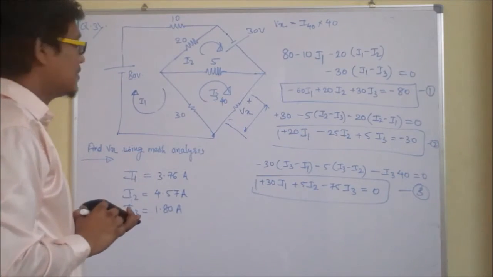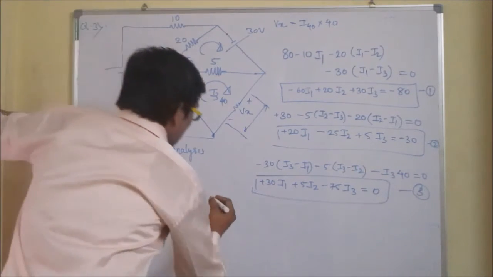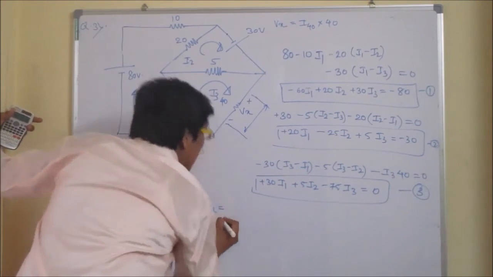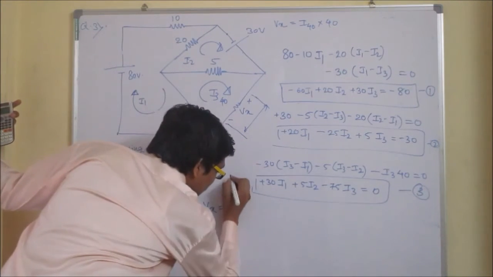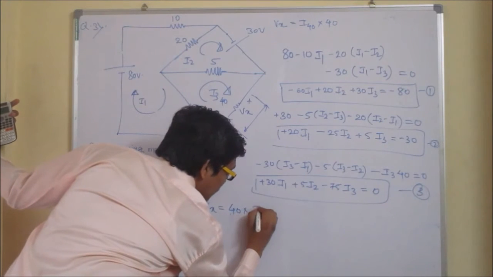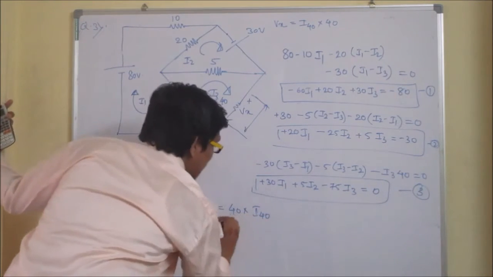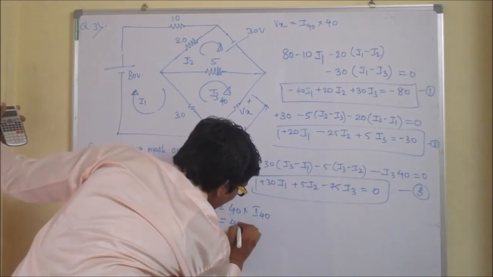But what is our Vx? Vx is equal to 40 into the current through the 40 ohm. But what is this I40? It is I3.